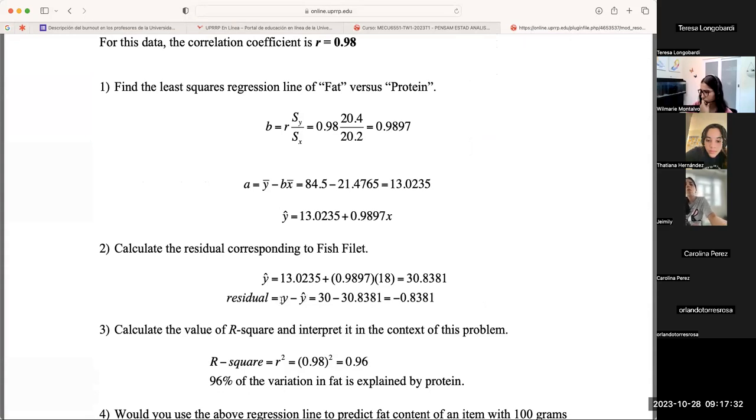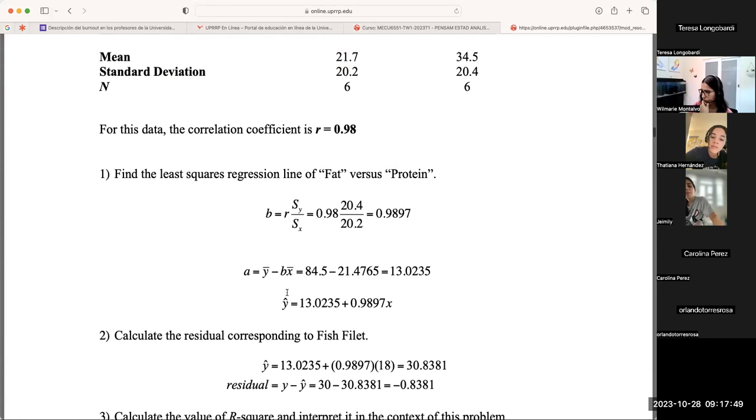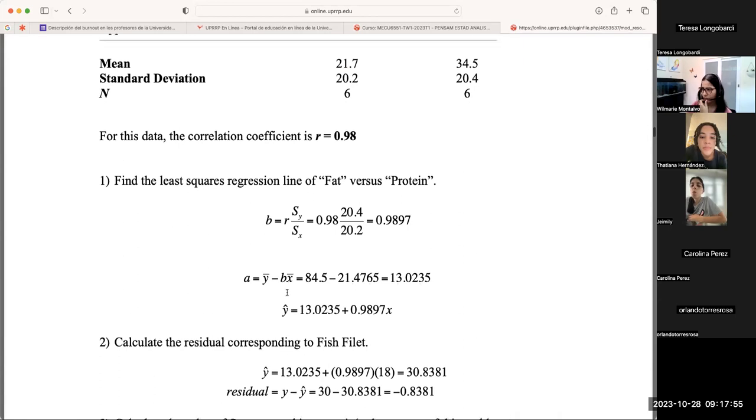Since I was young, I learned it, I have a way to remember the subtraction, because if you subtract them the other way, you get obviously different results, right? So it's always the observed value. So this is the observed value. Calculate the residual corresponding to fish fillet.